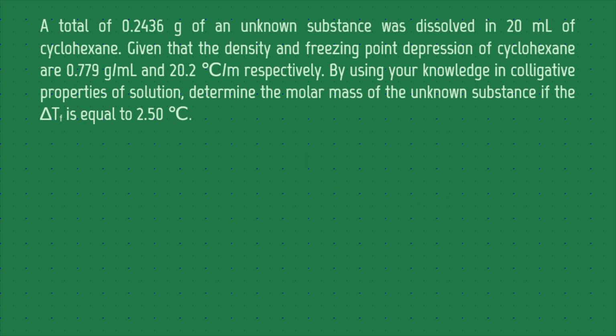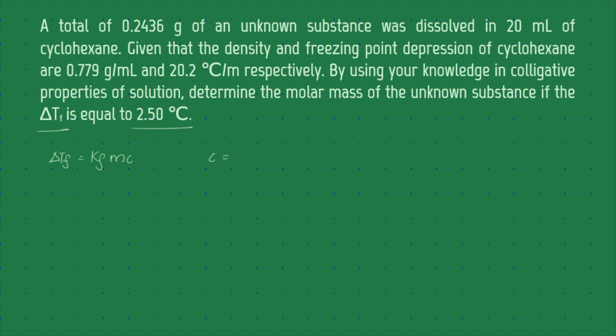So next, we can use this information whereby we know that the delta T is equivalent to 2.50 degrees Celsius. So delta T freezing is equivalent to Kf, the freezing point depression constant, times molality, and also the Van't Hoff factor. So what is your Van't Hoff factor?